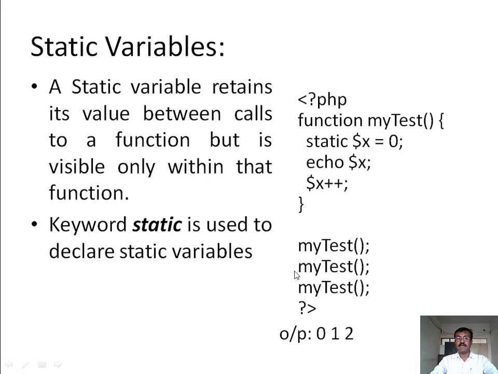When I call that function for the second time, the static variable retains the earlier value, that is 1, and later that will be incremented, hence it will give output 2. In this way your static variables retain the values over function calls. So these types of variables are called static variables.